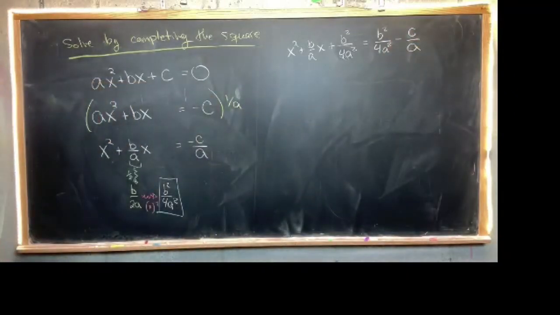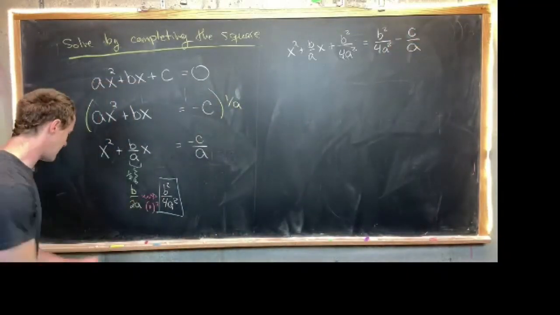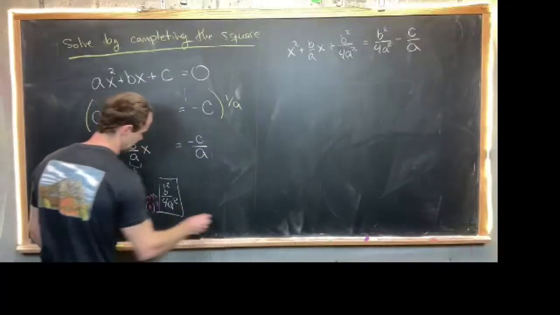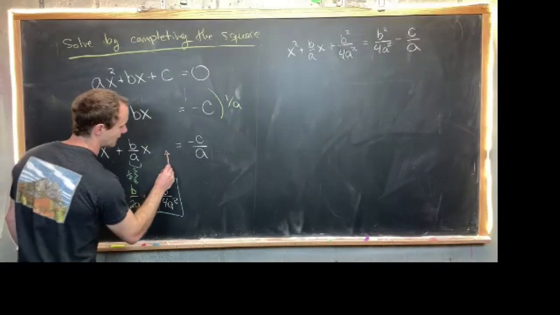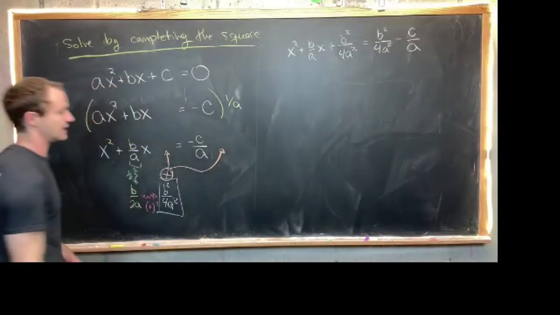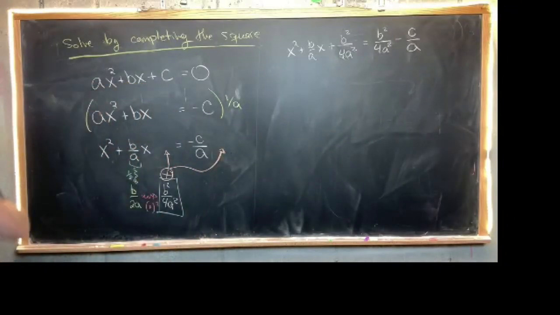Great. Remember, I added this, so let's note that. I'm going to add this to the left and the right hand side of the equation. And that gives me my next step.